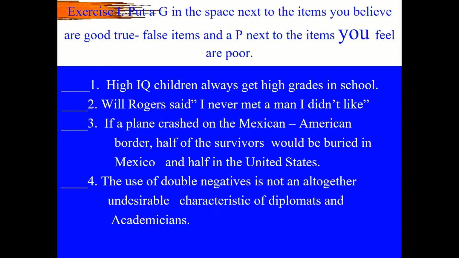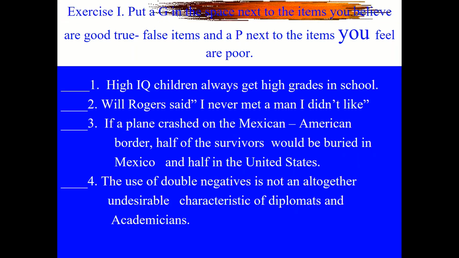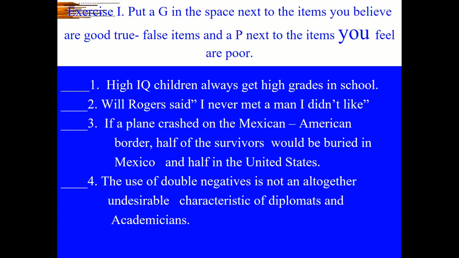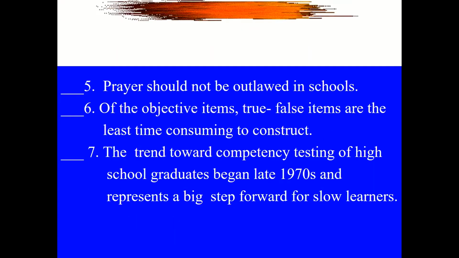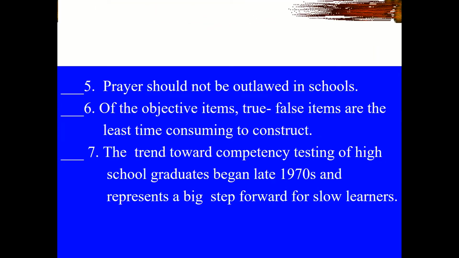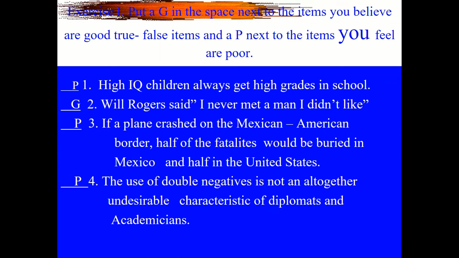Okay, let us try to study the following test items. Let us try to study which one is a good item or a poor item. So let's have this one. So here are the answers.